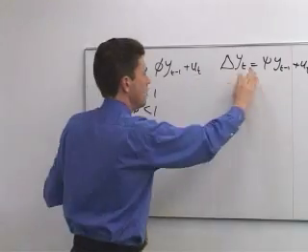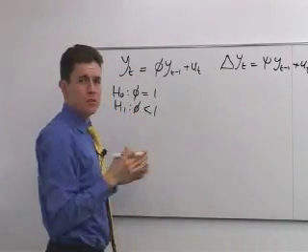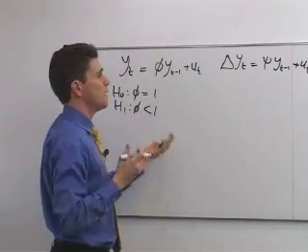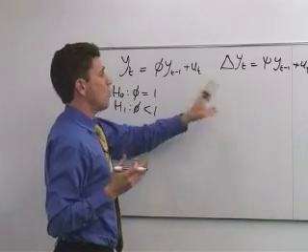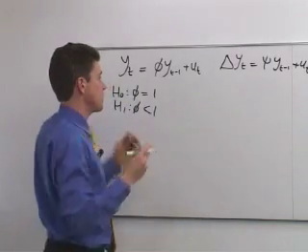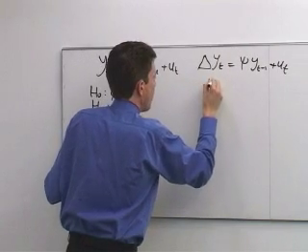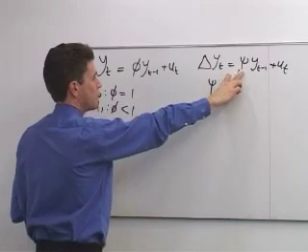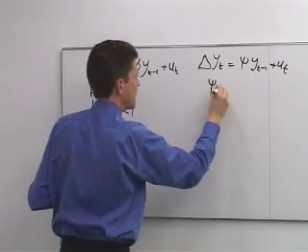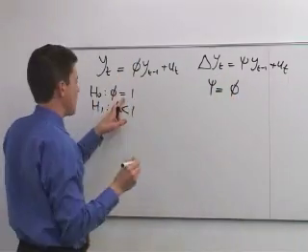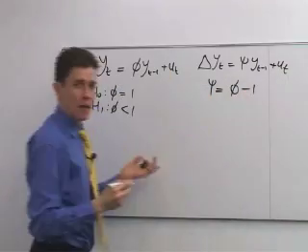Obviously, if we subtract yt minus 1 from the left-hand side, it also means we have to subtract yt minus 1 from the right-hand side. So the coefficient we've got here, psi, must be exactly equal to the phi that we had over here, less 1.